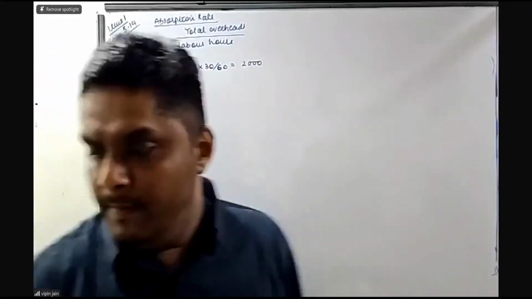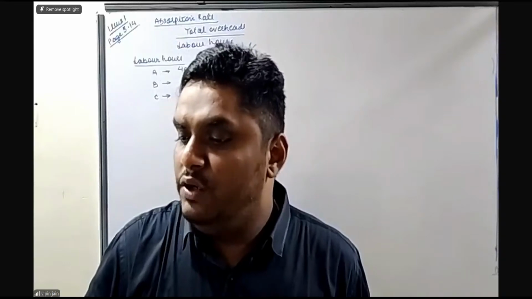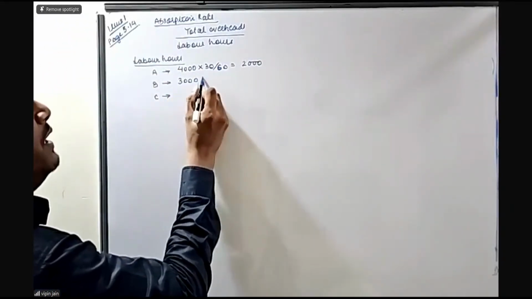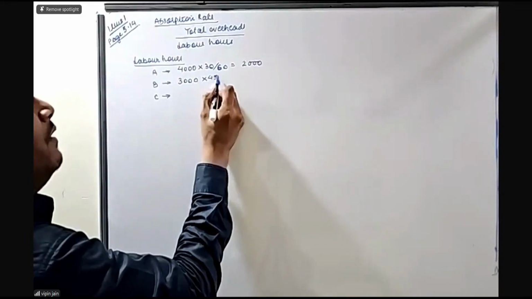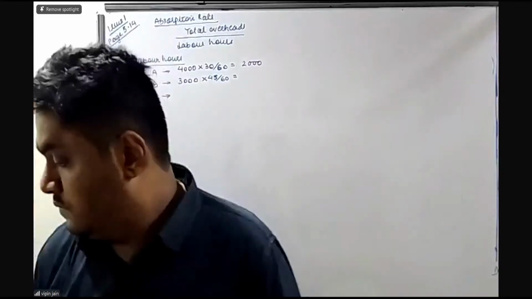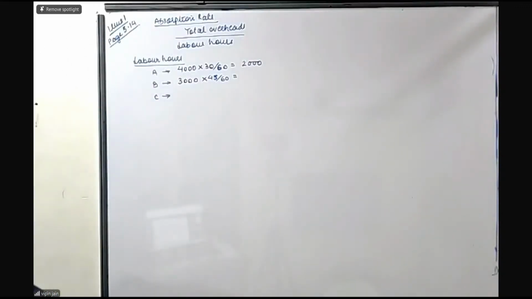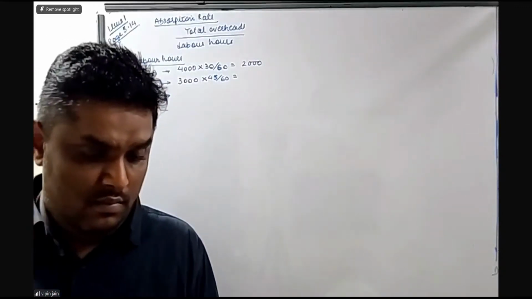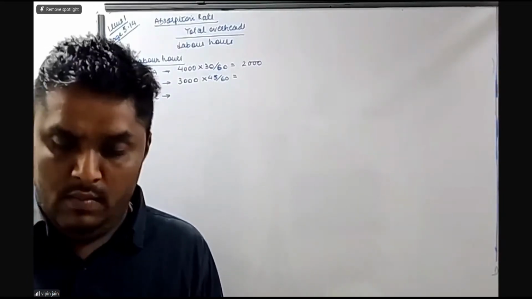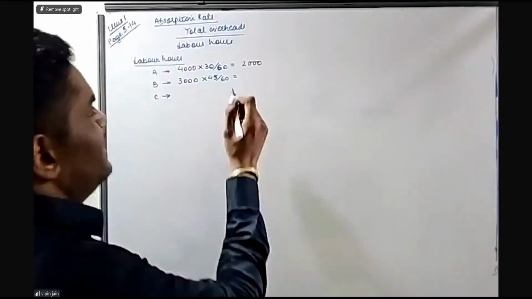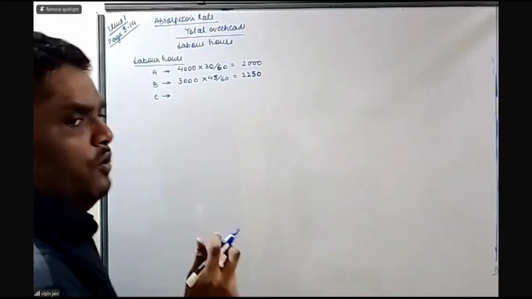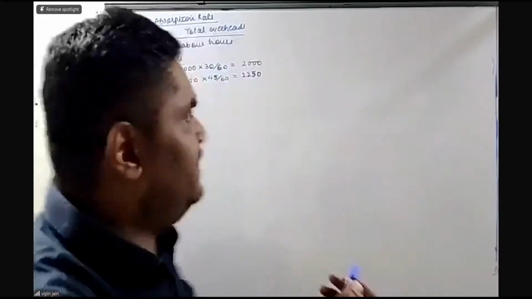Similarly for B, 3,000 units and every unit is processed in 45 minutes. So 3,000 into 45 divided by 60. So total 2250 hours for B. And when talking about C, how many units are manufactured? 1,600.